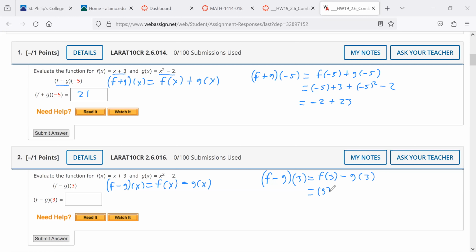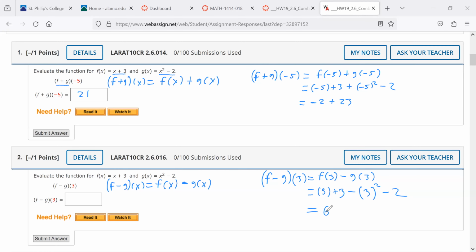So 3 plus 3. Plug in 3. So that'll be 6.